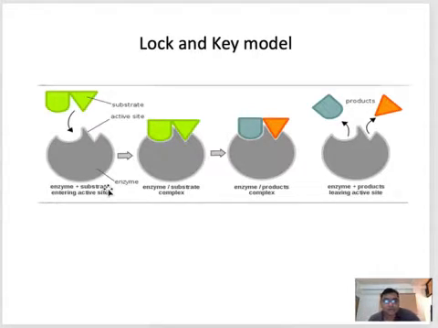According to this lock and key model, the substrate binds with the shape complementarity site of the enzyme, and then catalysis occurs. The site where the substrate binds in the enzyme is also called the active site of the enzyme.